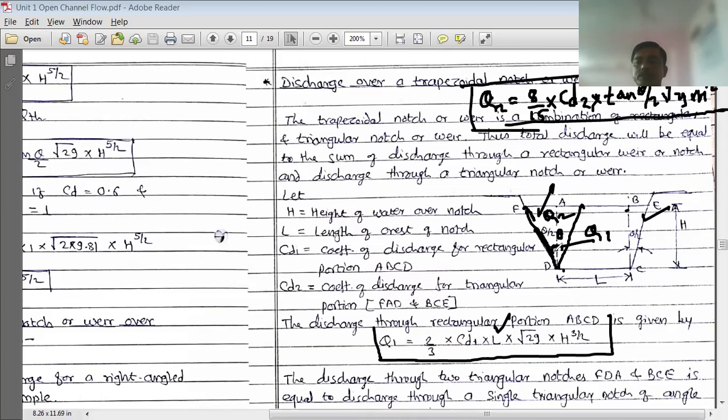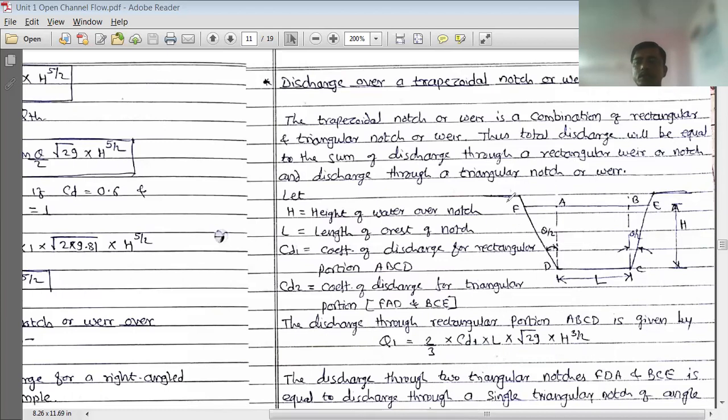If you add both, you will get the total discharge over the trapezoidal notch. That is, total discharge Q will be equal to Q1 plus Q2. Q1 is the discharge over the rectangular portion, and Q2 is the discharge over the triangular portion. So here, write down this title, then draw the diagram.